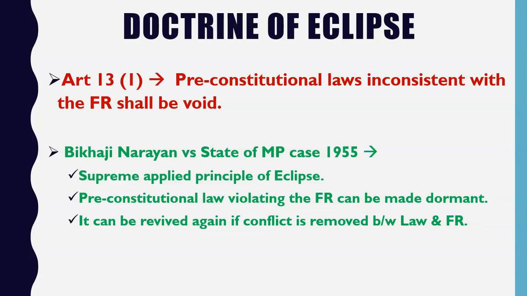When these laws were made, there was no constitution, so these laws were valid. It is not the fault of these laws that after their making the constitution was made and now they are invalid.